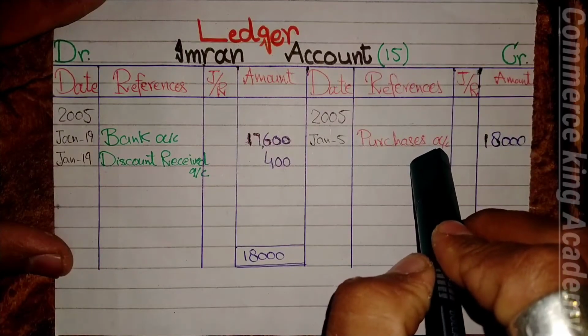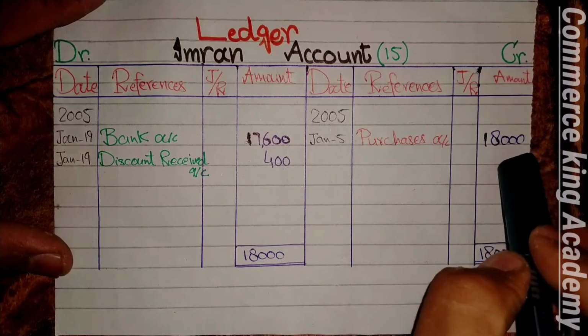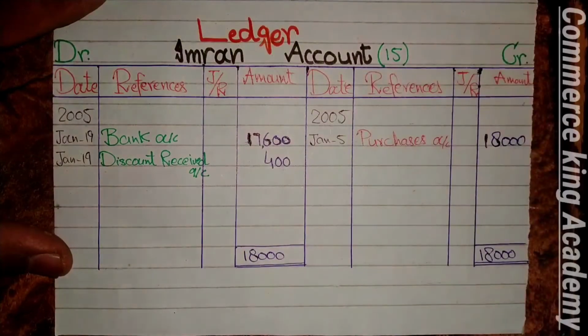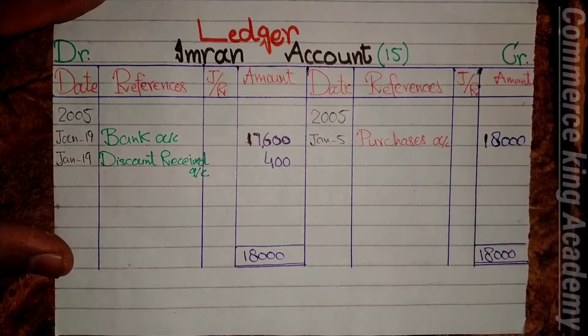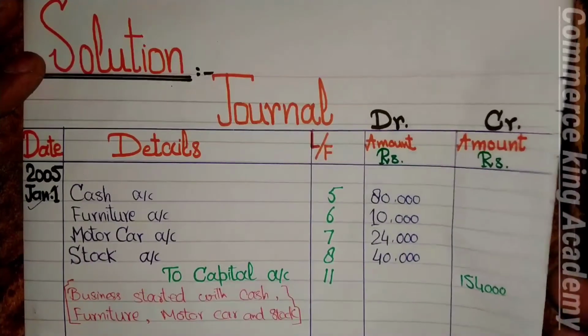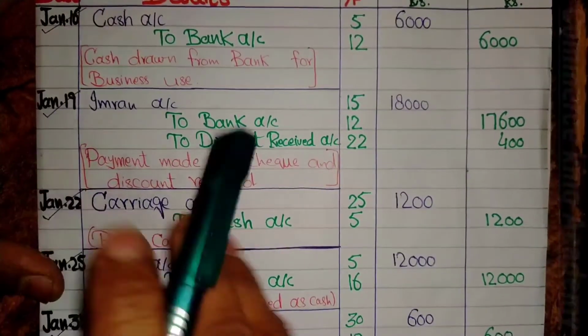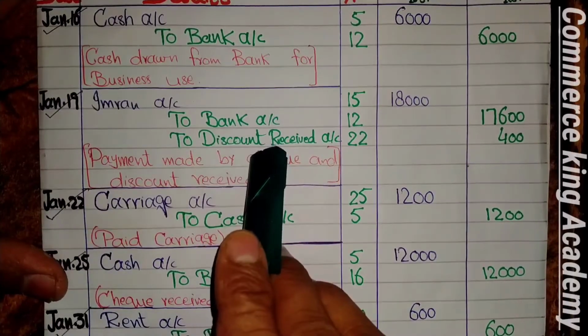We will write here the opposite name, which is purchases account, amounting to 18,000 rupees. The first entry of Imran account has been completed. Now we will find the next Imran account entries from the general account. This is the general account, and the next entry exists here, dated Jan 19. Imran account is debited here by two other accounts.